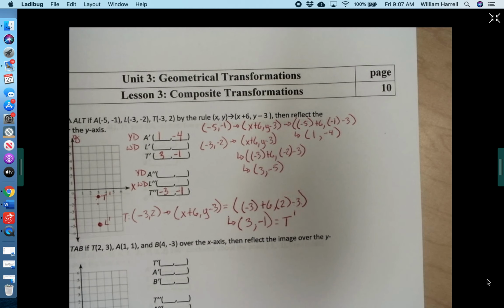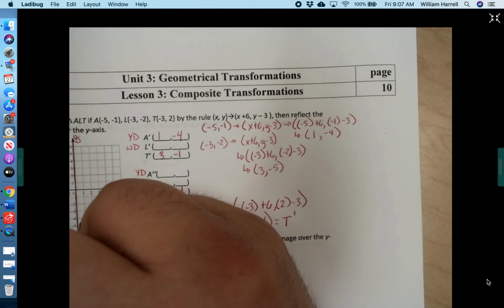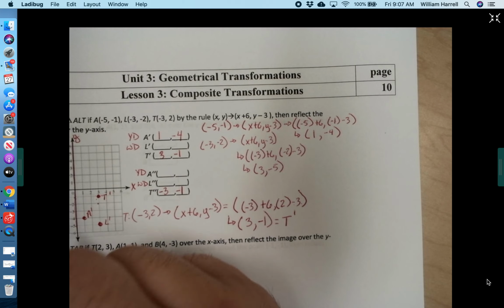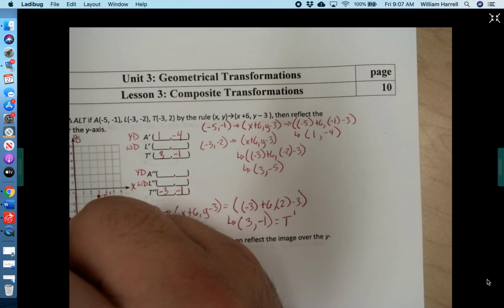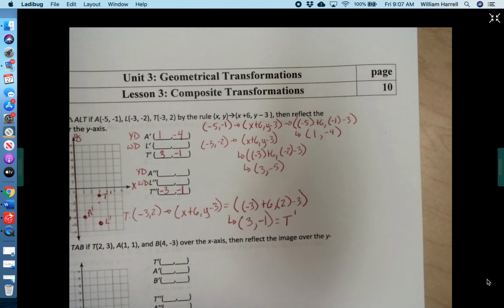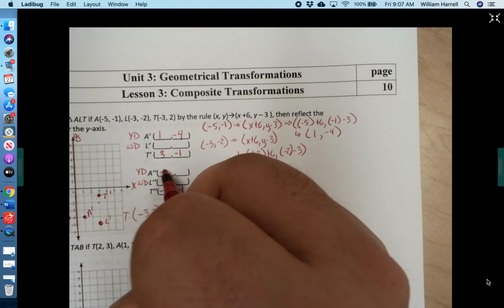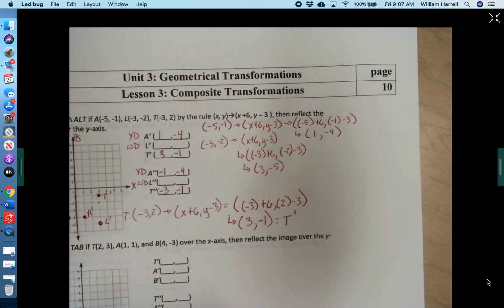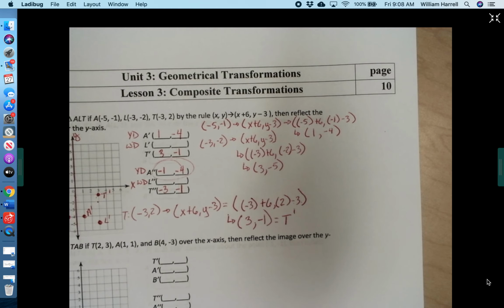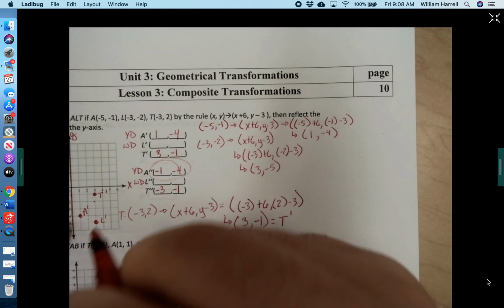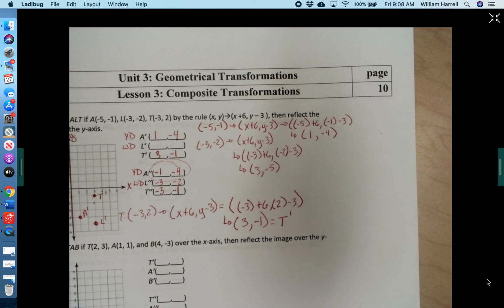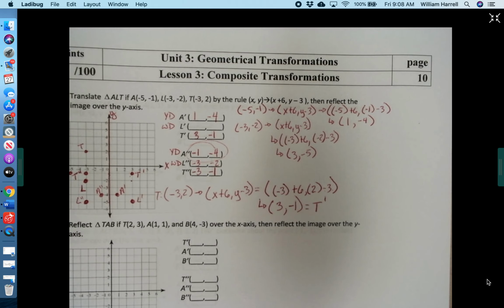All right, so (1, -4) is A prime, and then reflect across y-axis wound up being here, and this is A double prime, which completes the composite transformation, and that was your answer for A, (-1, -4). And excuse me, I forgot to put L up there, and it was (-3, -2). Okay, so these aren't terrible.